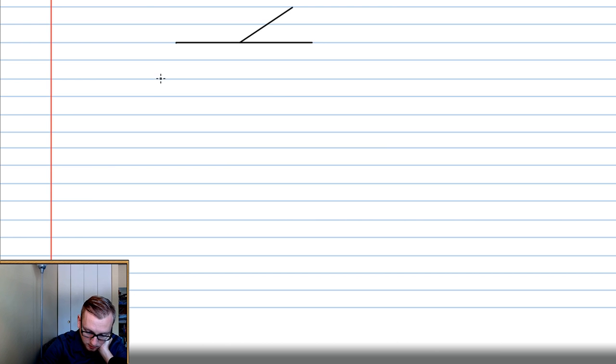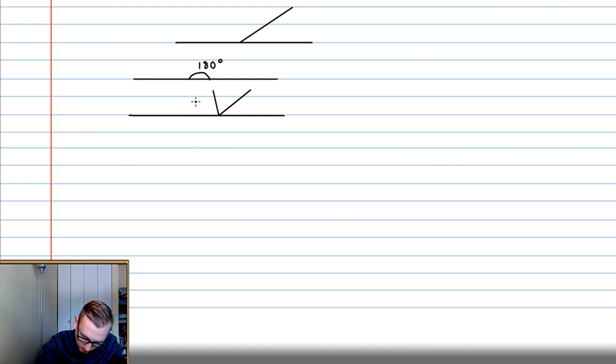Well, let's think about it. First thing we know is that a line is 180 degrees, right? And that's what everybody's taught first. So any sum of lines, let's say there's one here, there's one here, there's one here.